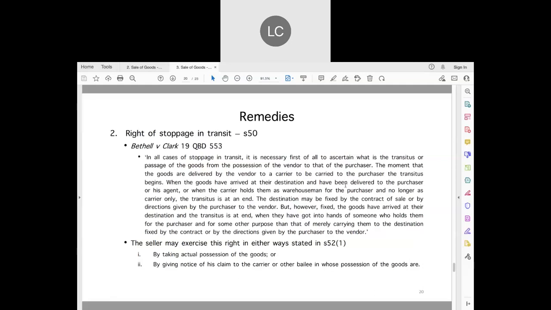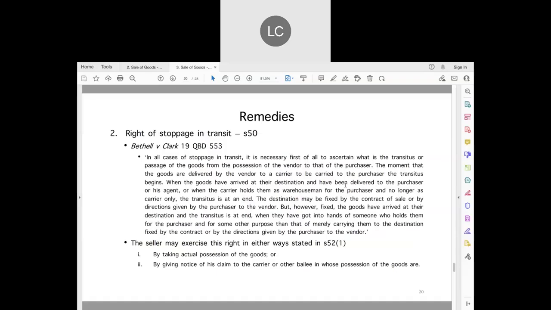So in short, it has arrived at the buyer's. And then in 51.3, it says after the arrival of the goods at the appointed destination, the carrier or other bailee acknowledges to the buyer or his agent that he holds goods on the buyer's behalf and continues in possession of them as bailee for the buyer or his agent. It's immaterial that a further destination for the goods may have been indicated by the buyer.